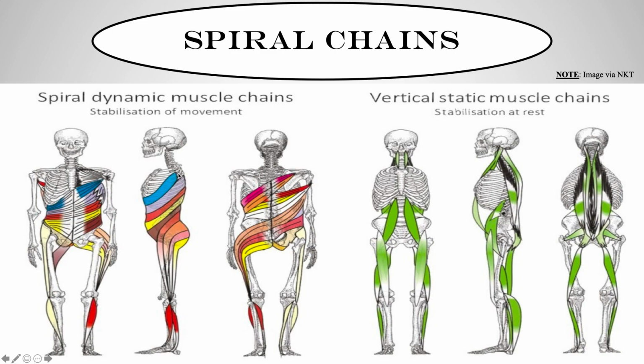Your spiral chains, we see everything wraps and envelops around the body. And one thing that was a profound realization for me is that everything about the human body is helical in nature. Nothing is linear. It's all nonlinear. So, I think that rotational aspects in training have been a little bit short-sighted.